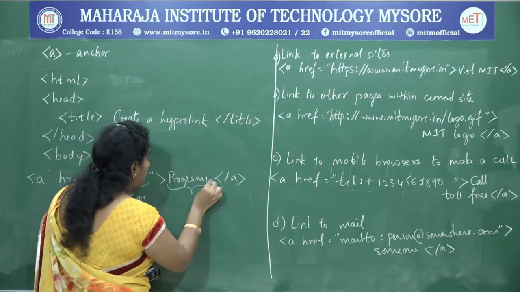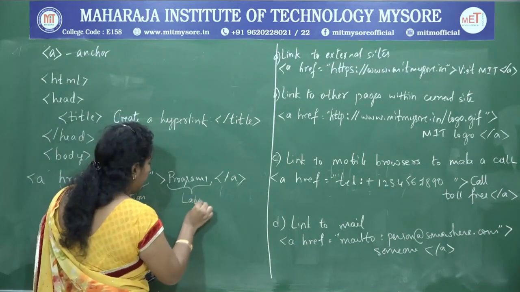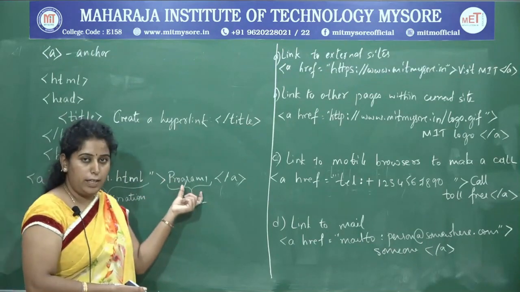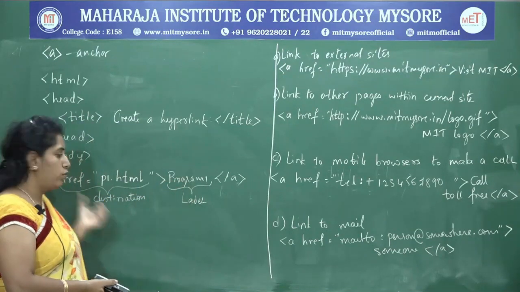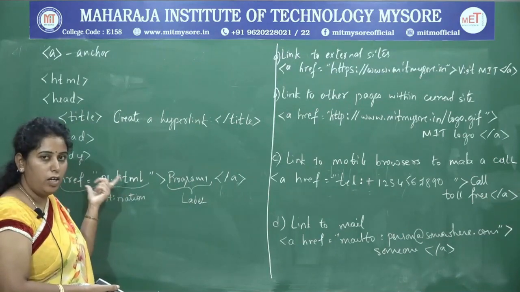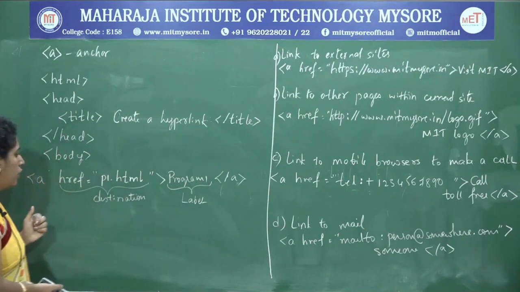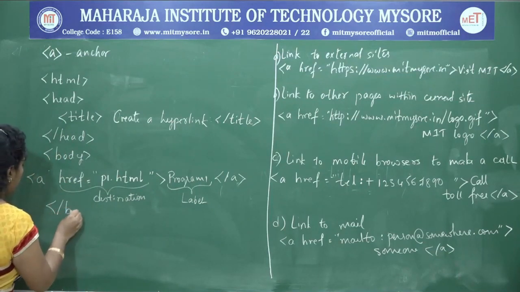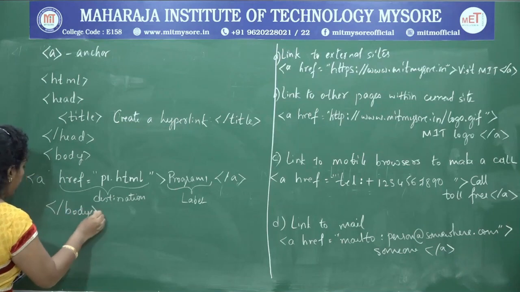And this part we call the label. By clicking on this label, it redirects to this particular area or document. Now let me close the body, also close the HTML.